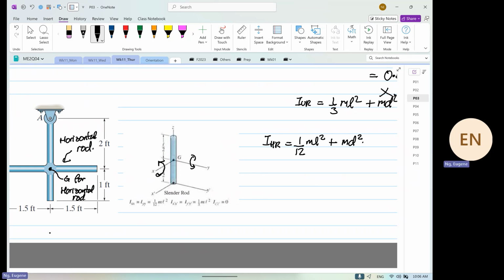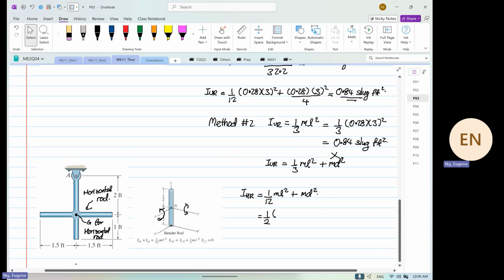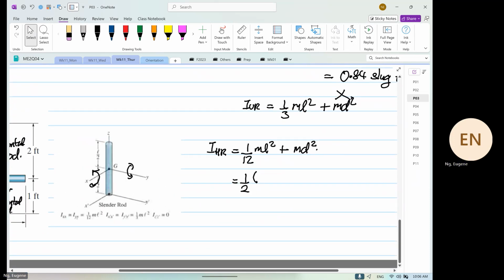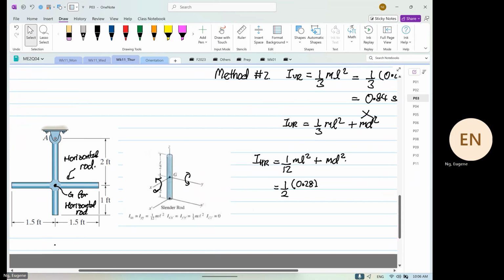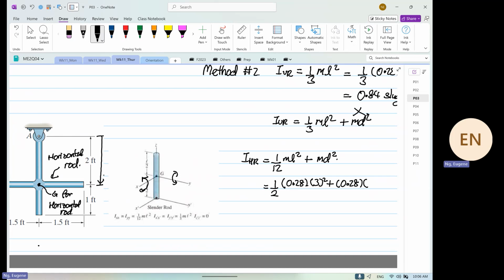Okay. So now we know that the length is the same, so the mass is the same. So 1 over 12 times the mass of what? What was it before? 0.28. The length is equal to 3 squared. Plus the mass again. Now, what is D equal to now? D is equal to the distance from here to here.